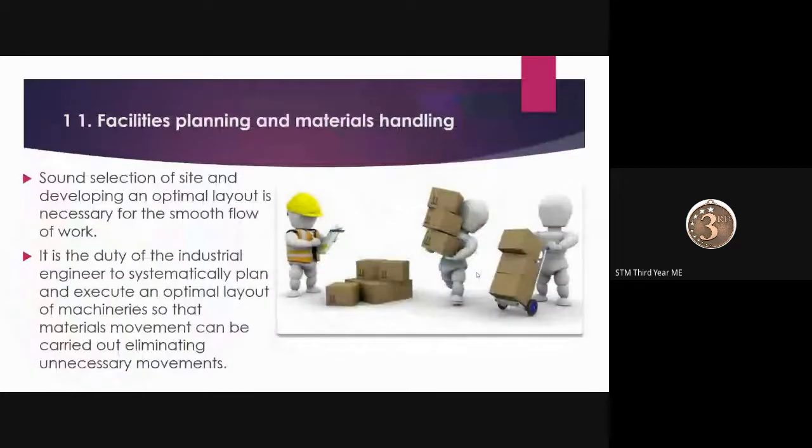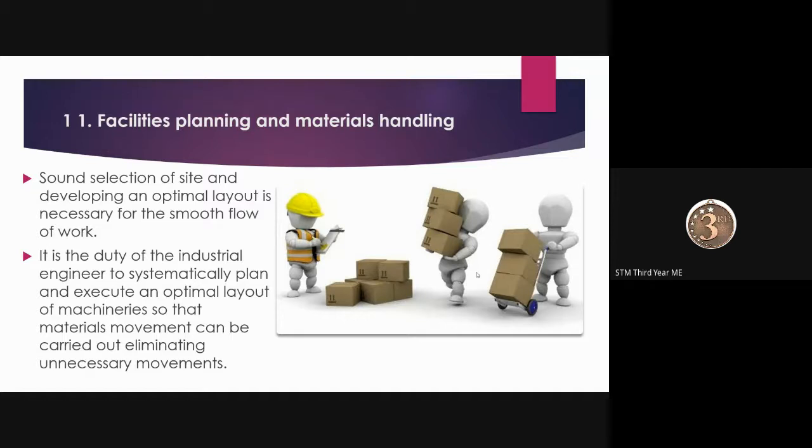Next, facilities planning and material handling. It is also part of inventory control, but it is not entirely about that. Facilities are the facilities present inside the industry. It can be any machines or inventory management machines.